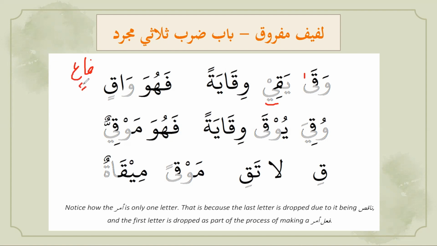And ism maf'ul, if it is coming from bab daraba, then the ism maf'ul would be on the pattern of maf'ilun. Maf'alun is when the word is coming from nasara bab. If a word is coming from nasara bab, then the pattern for ism maf'ul is maf'alun. But other families and subfamilies are on the pattern of maf'ilun. We are talking about ism maf'ul. So on the pattern of maf'ilun, this is mawqiyun.